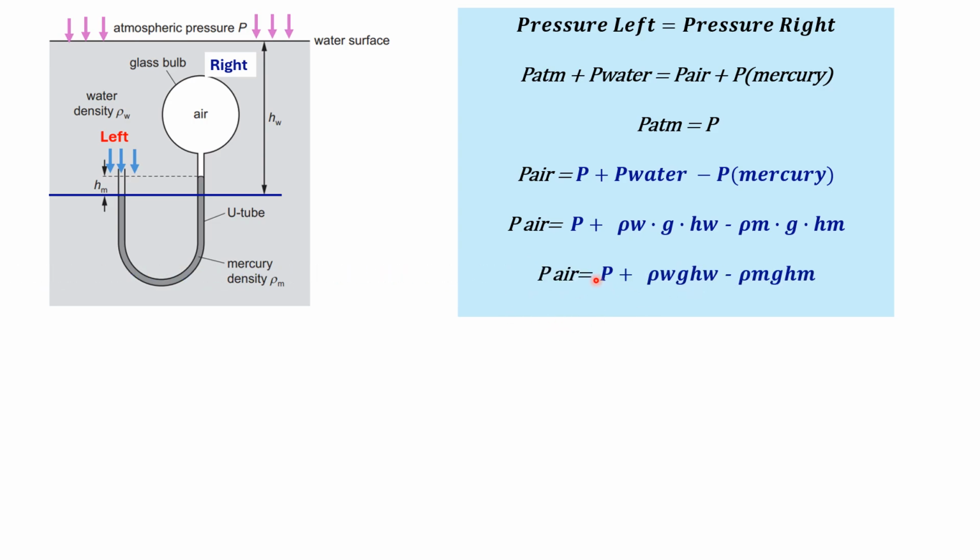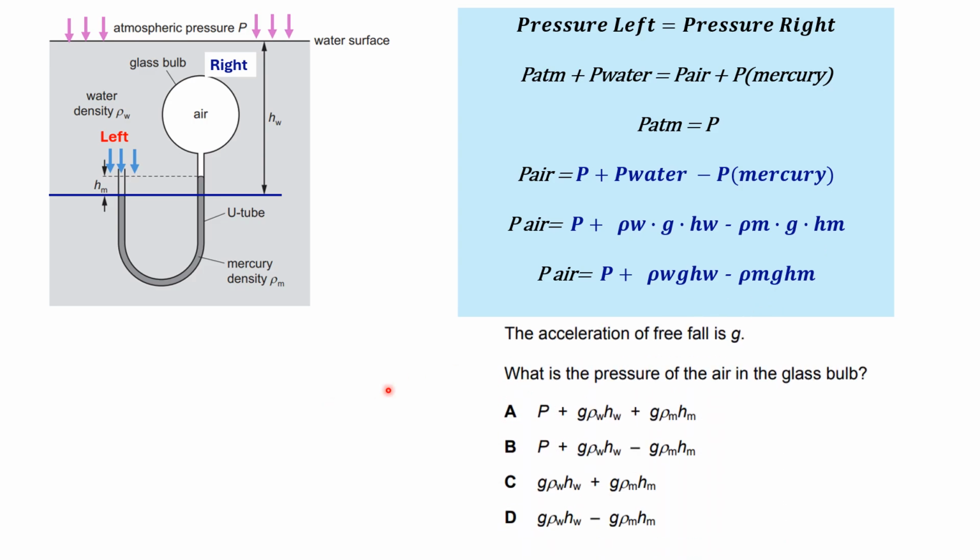So the expression is P plus ρW G HW minus ρm G Hm. I just eliminated the dots between, which is multiplication. Now let's look at the options and see which expression is the correct one. So it looks like it is option B.